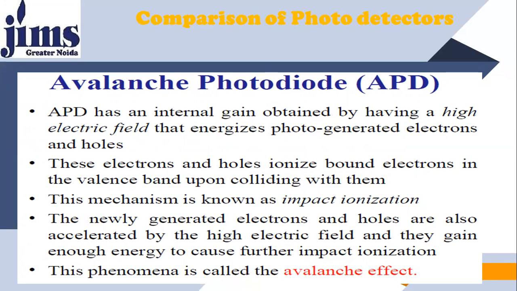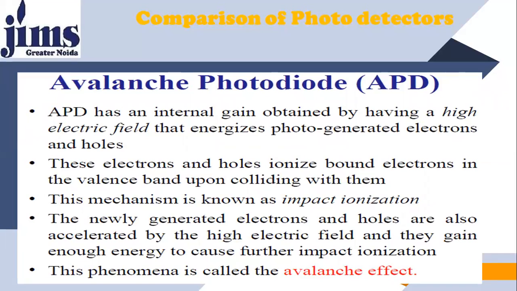This mechanism is known as impact ionization, right? When the electrons and holes are free, the electron has negative charge and the hole has positive charge, so the atom gets ionized because of the impact of the photon. We call this phenomenon impact ionization.